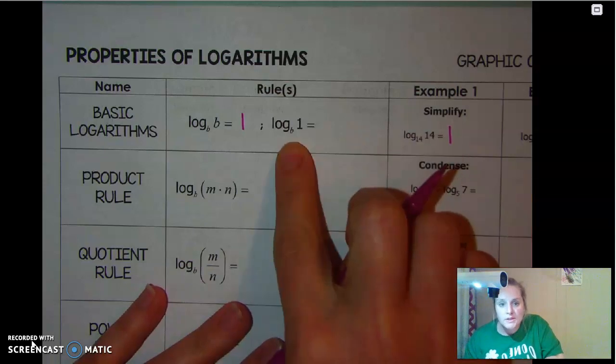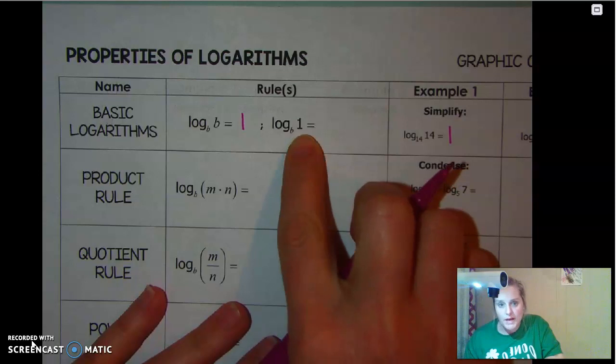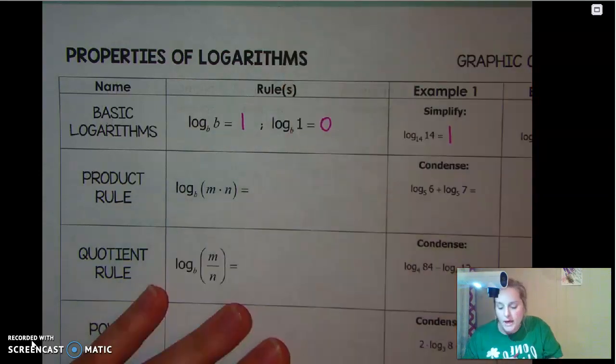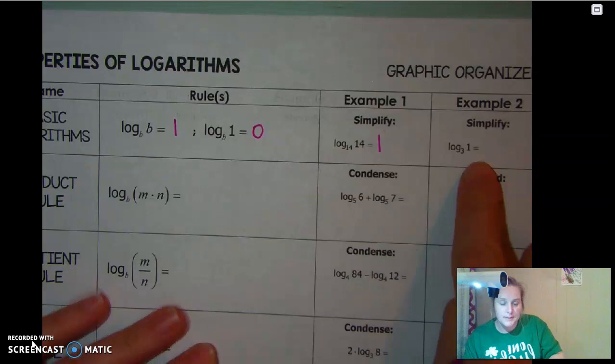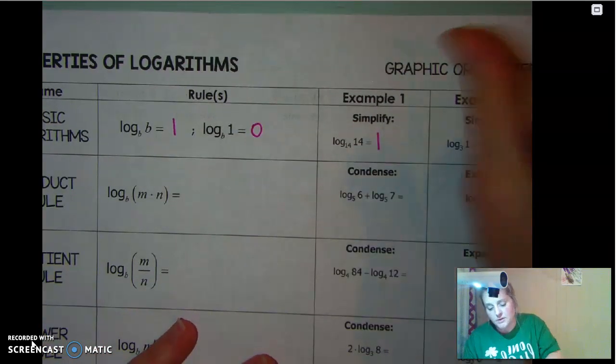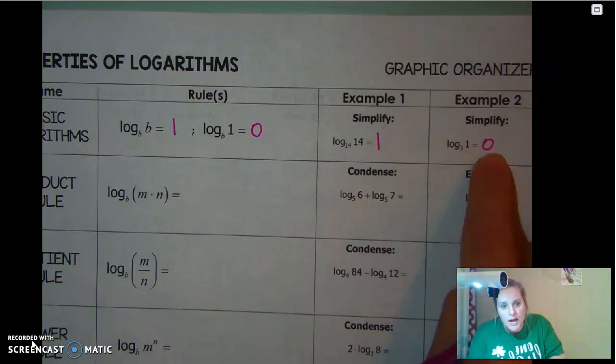Now for this one, any base, doesn't matter what it is, if 1 is here, that's the result of the exponent being 0. Anytime a base is raised to the 0 power, it is 1. So for this example here, log base 3 of 1 equals 0. So anytime your answer, log base answer, is 1, your exponent is going to be 0.